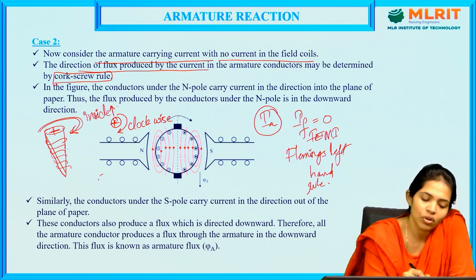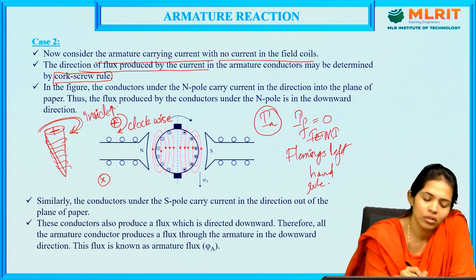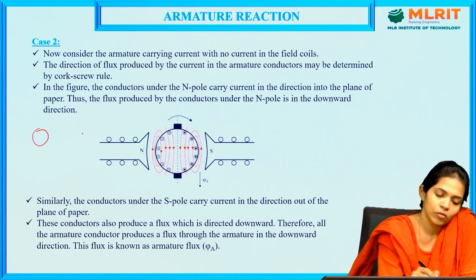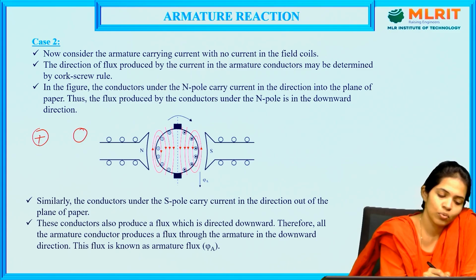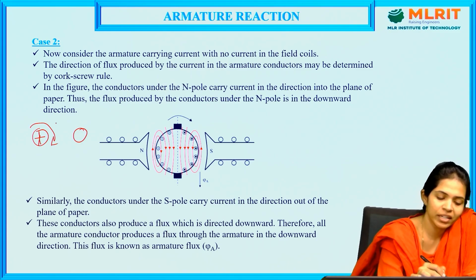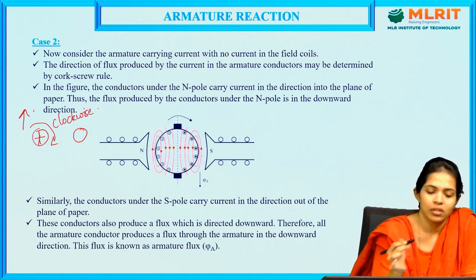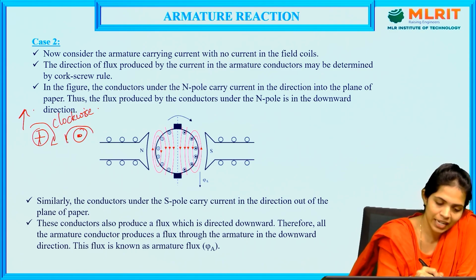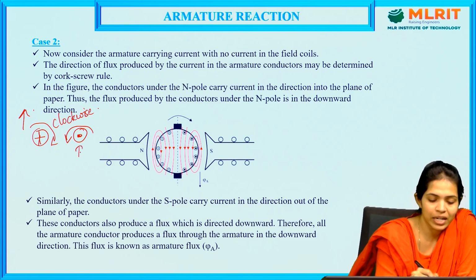If I move the screw inside the wall, the direction of magnetic field is taken as clockwise and the current is inwards. If I move the screw in the anti-clockwise direction, the current direction is outwards.